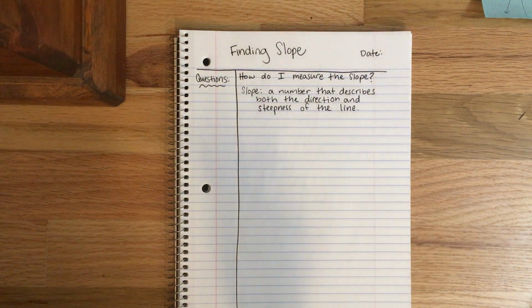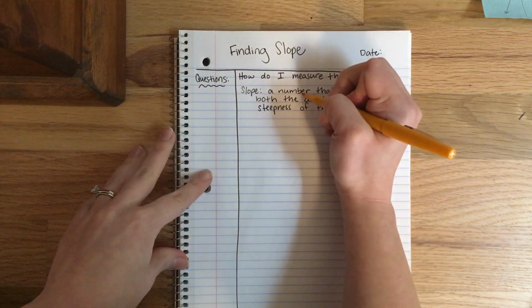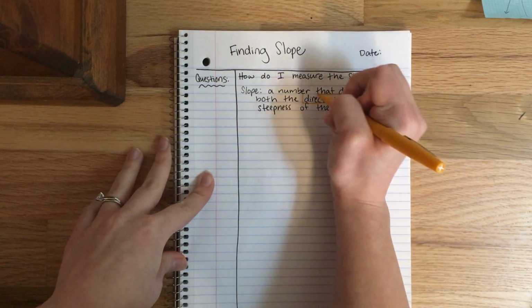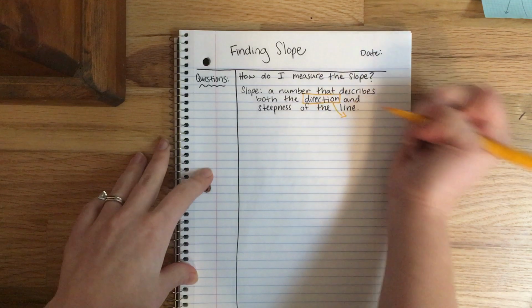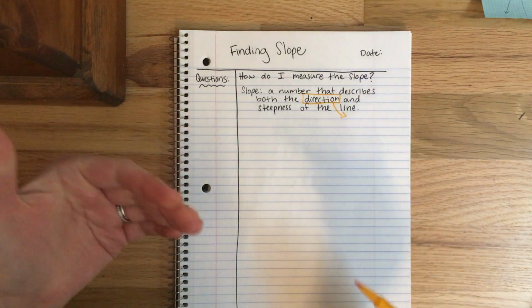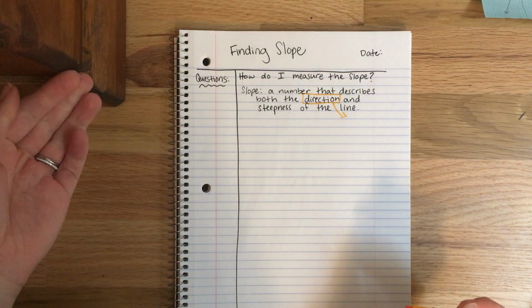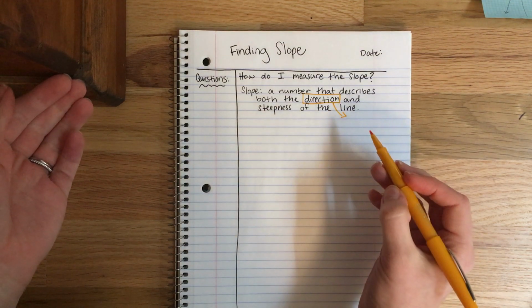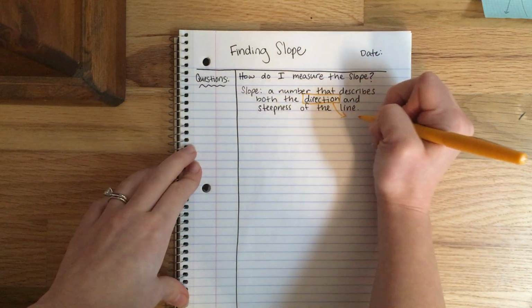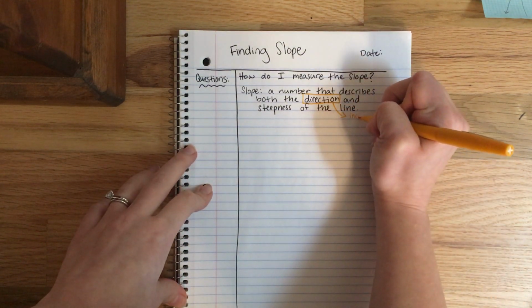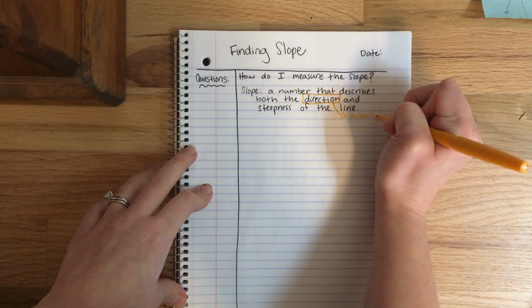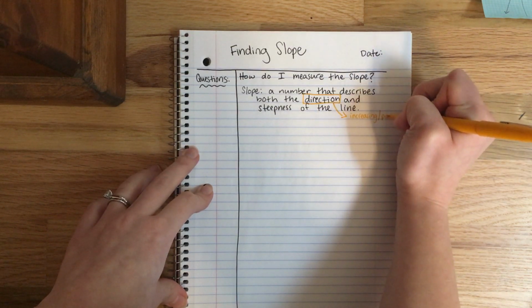So two things. The first thing that it describes is the direction. And you can write this in a different way if you want to. If you want to write a whole other sentence, I'm going to kind of do a little arrow chart here. So it is going to describe both the direction, which means when it is increasing, we know that it's positive.